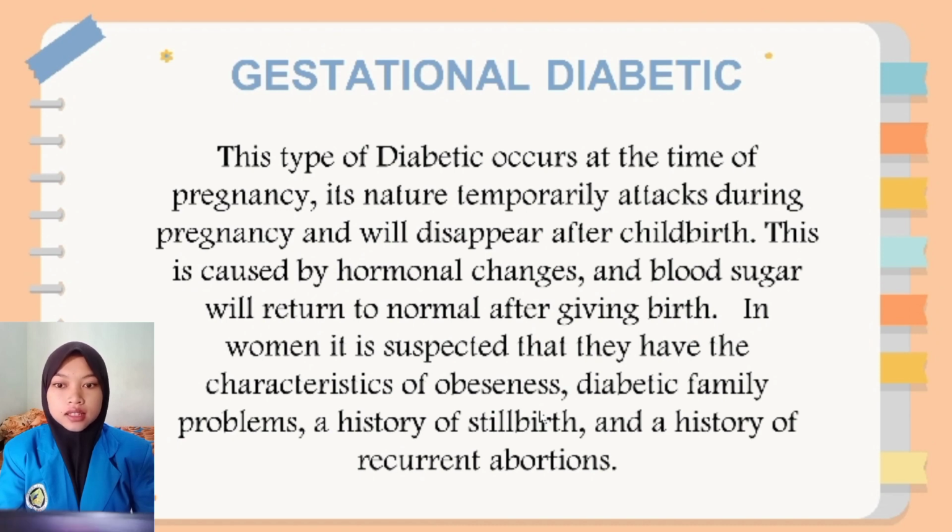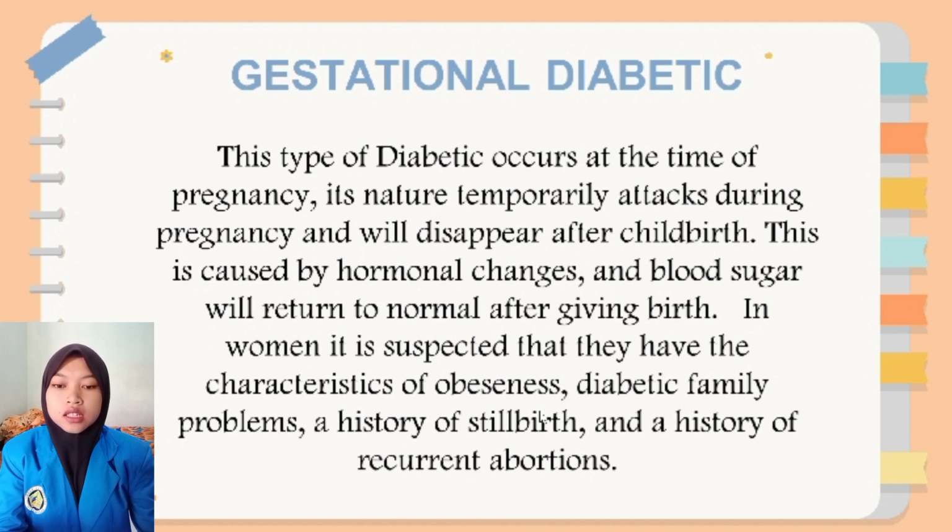Then the next is about gestational diabetes. This type of diabetes occurs during pregnancy, only temporarily attacks during pregnancy, and will disappear after giving birth. This is due to hormonal changes, and blood sugar will return to normal after childbirth.